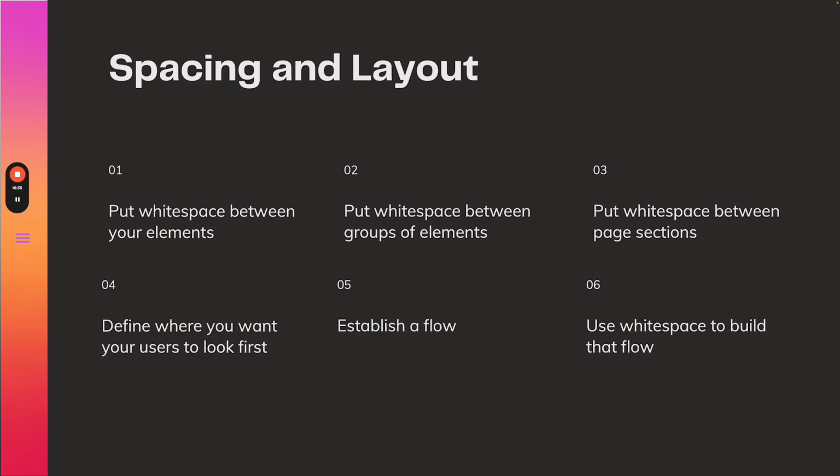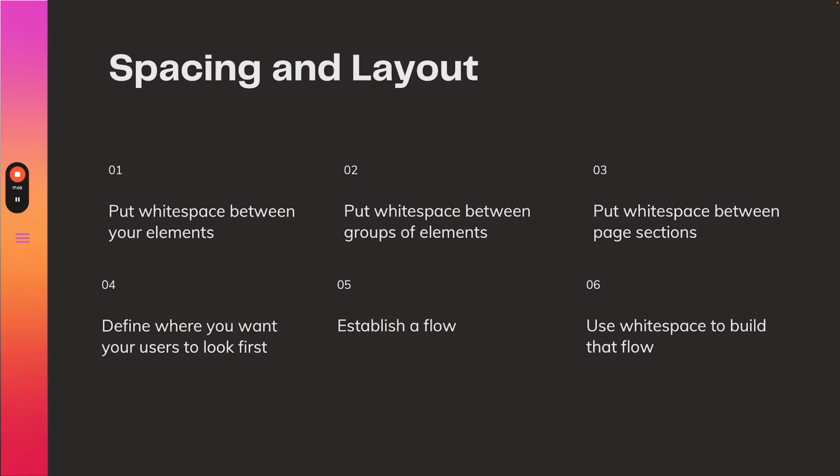If you're building a website, put white space between the sections, whether it's just a general website or a landing page. And then think carefully about where you want your audience to look first. So if they're opening up a screen to create a new customer record, you probably want them focusing on the customer name first and not somewhere else, like the customer telephone number or address. So think about where you want them to aim their attention when they first get to that part of the user interface.